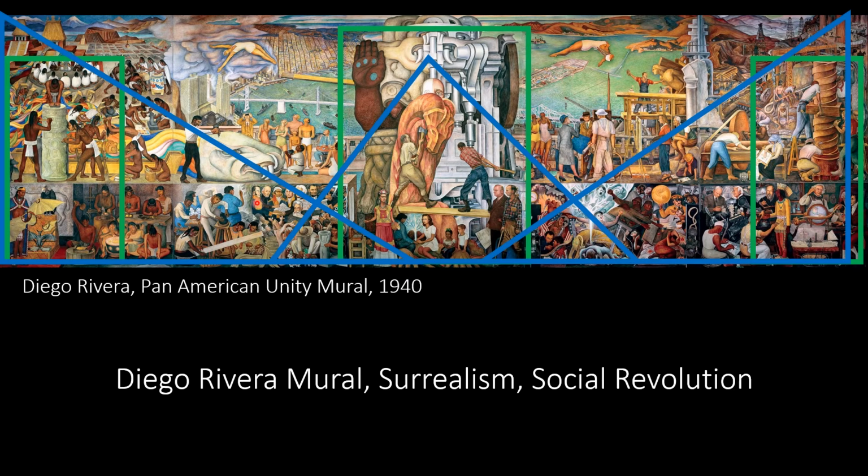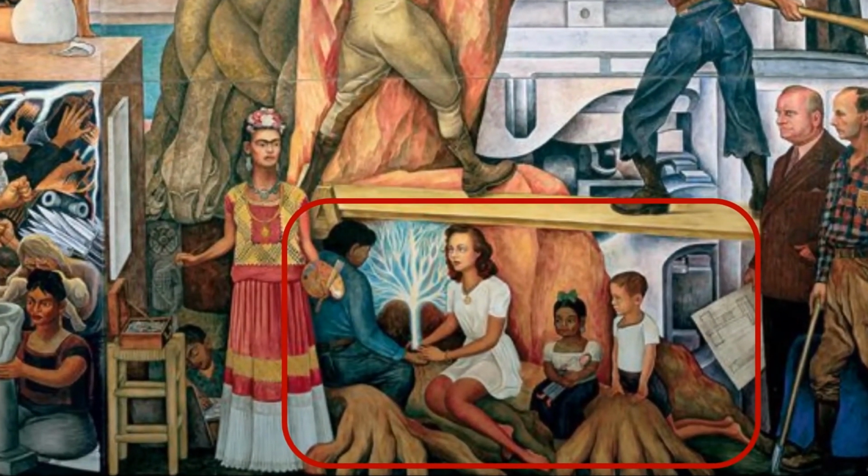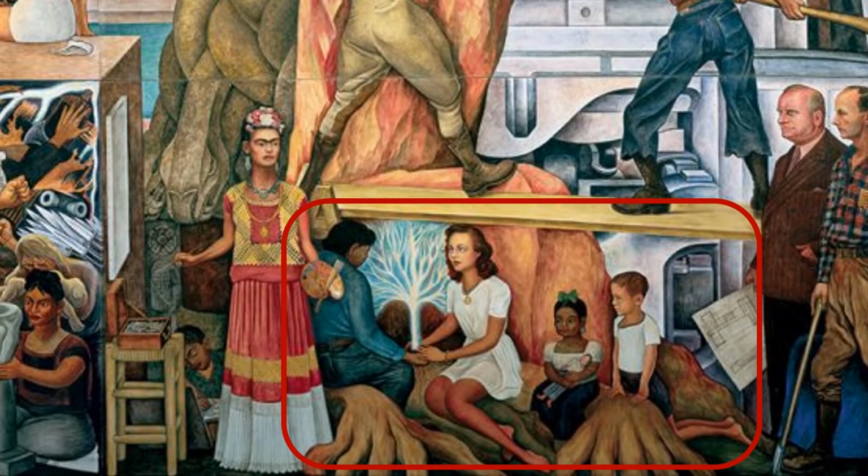Notice the left and the right implied lines point to an adult couple and two children. The adults could be representing the present and the children the future.